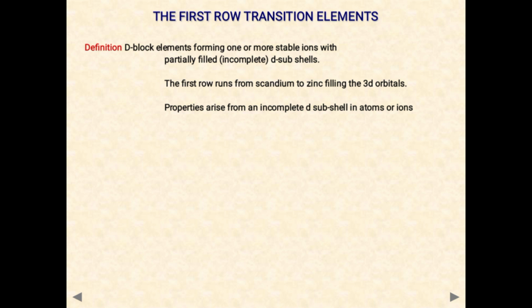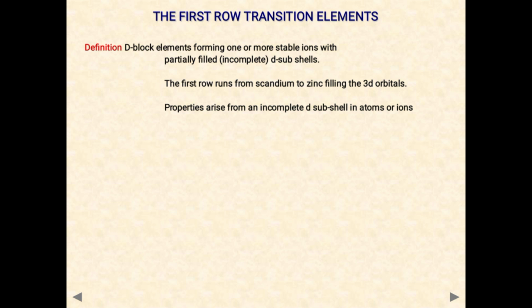That is why all transition elements are d block elements, but not all d block elements are transition elements, like in the case of zinc itself, because the d orbital there is completely filled with 10 electrons. For an element to qualify as a transition element, the d orbitals must be partial.